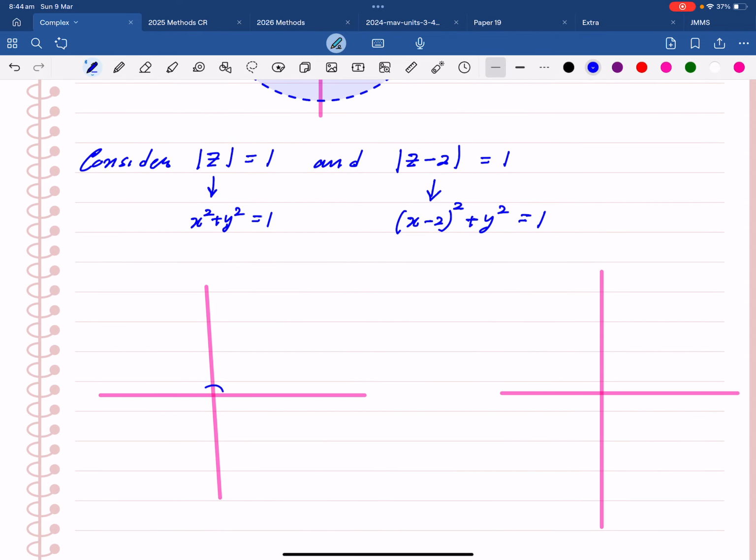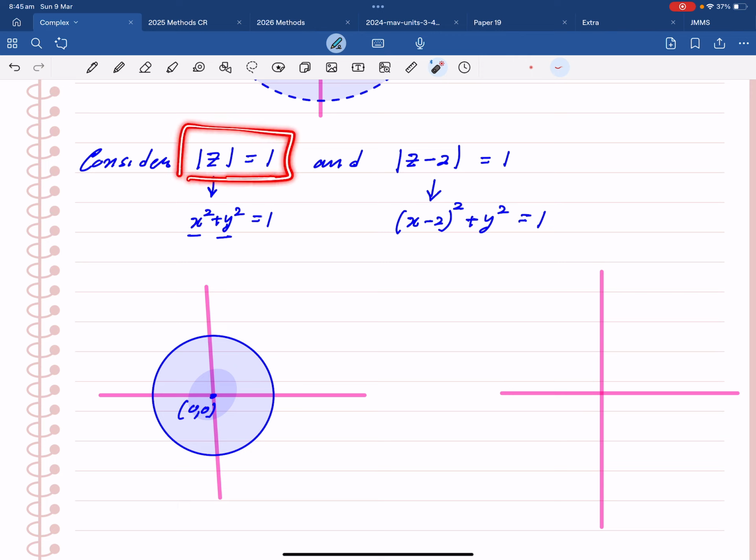First one is like this. It should be a circle, like that. Center is 0, 0, right? How do you know center is 0, 0? Because this will tell you that. So if this tells you center is 0, then when we see something like this, we understand the center of z should be 0, 0.